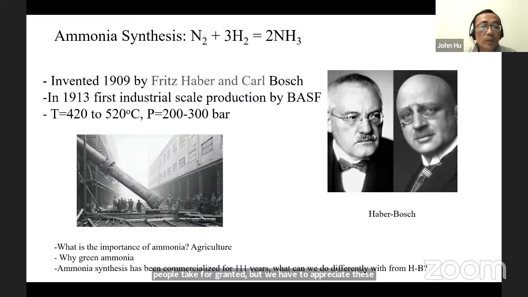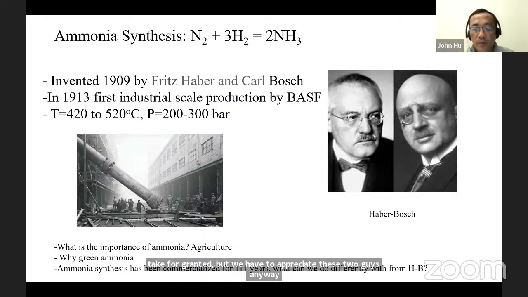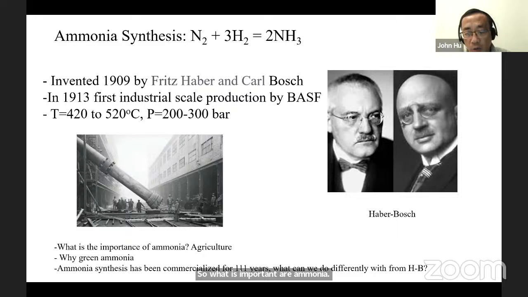Anyway, so what is important about ammonia? Number one is the agriculture use. Because ammonia per acre production is so much, we do not compete for the land. That means you don't see one country during World War I, World War II, invade another country and occupy the land because that's agriculture economy.